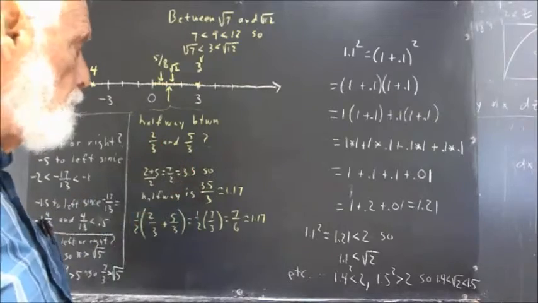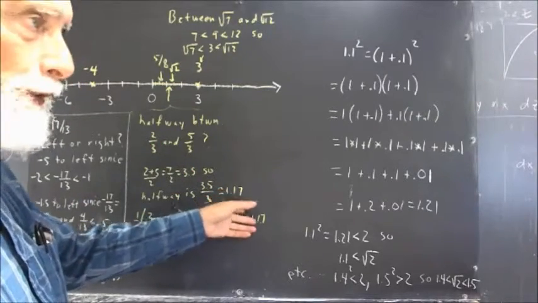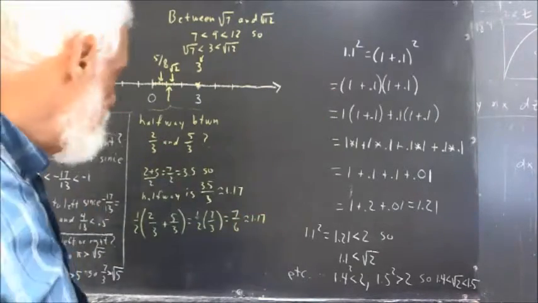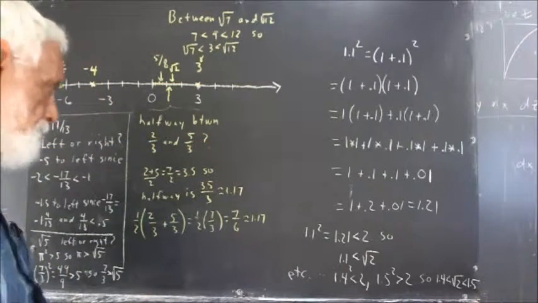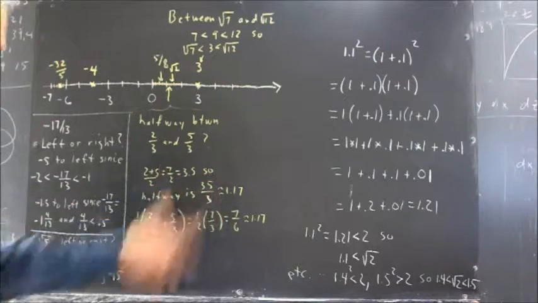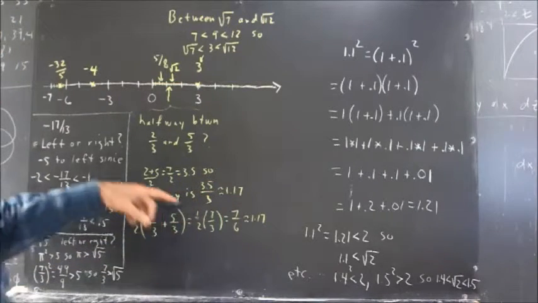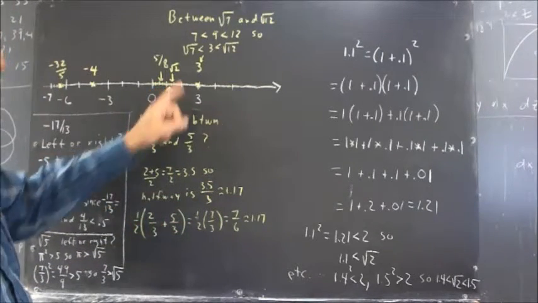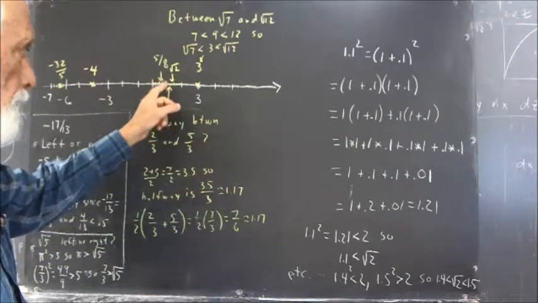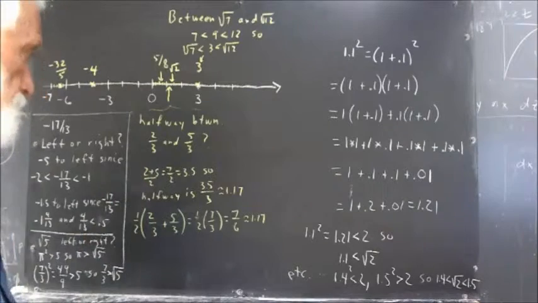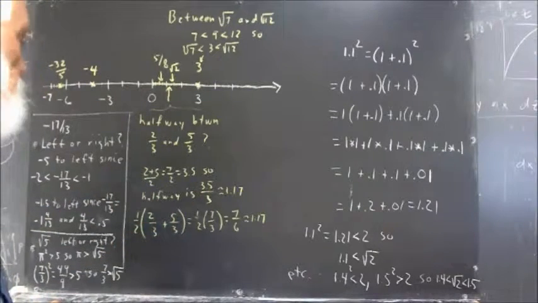3 goes into 3.5. It turns out it's 1.166 repeating, and we round that to approximately 1.17. So we can figure this out pretty easily without a calculator. In 1.17, well, we've divided this interval between 1 and 2 into 10 parts, so it's a little to the left of the second one of those parts, and we locate it rather easily.